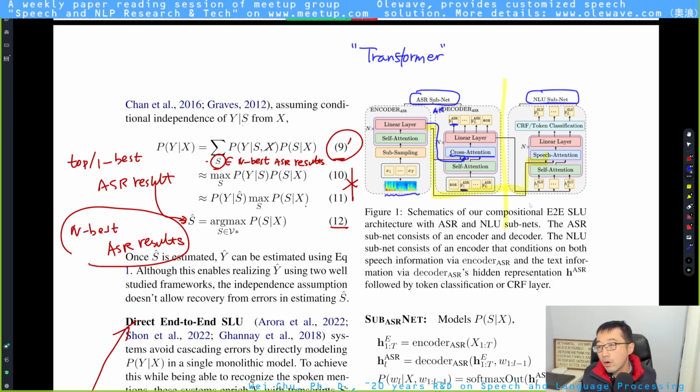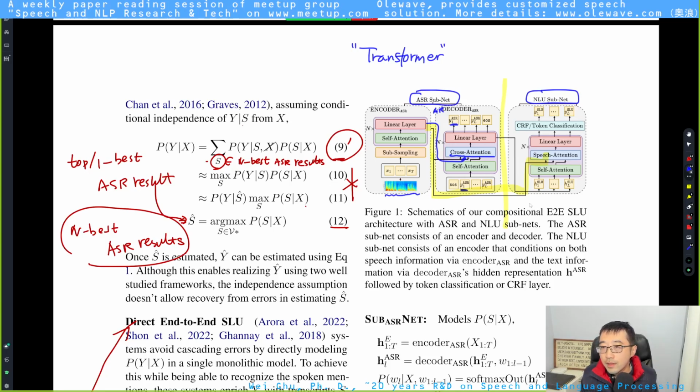You can see they call it speech attention because this is not cross attention; this part is NLU, it's no longer speech alone or NLU alone or ASR alone. So it takes the speech embedding here. So the attention is designed for the encoder in the speech module.